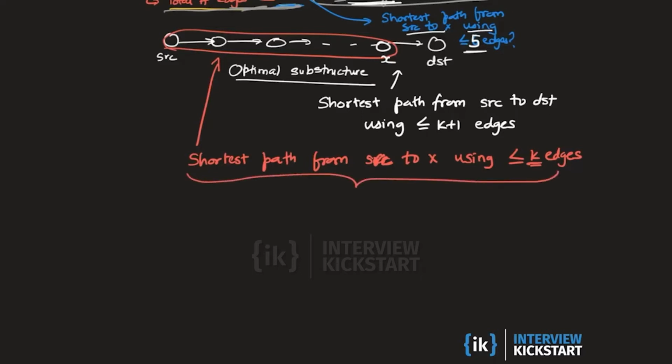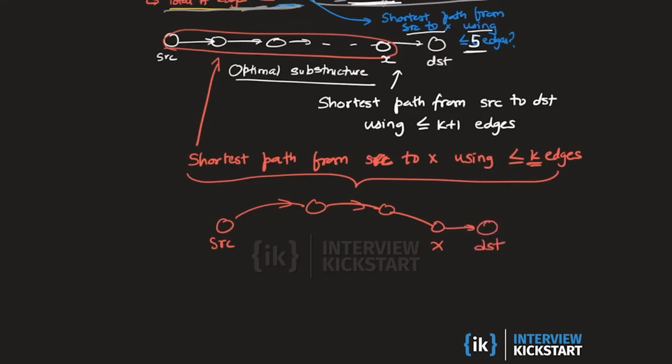suppose there was a shorter path from the source to x which used less than or equal to k edges. Right, so suppose from the source to x there was a shorter path which used only a few edges, and we have an edge from x to the destination.